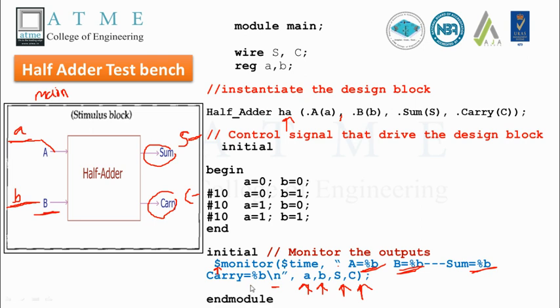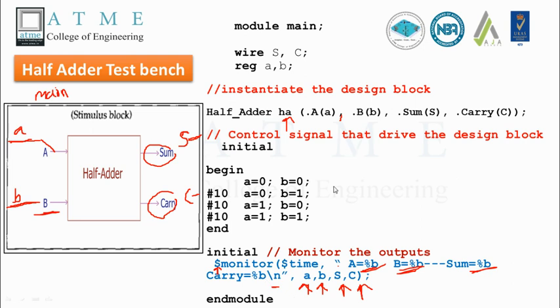At last, the test bench can be ended with the endmodule statement. So this is the test bench to test the operation or functionality of the half adder, and the test bench remains the same whether you have written the Verilog code in data flow, behavioral, or gate level style.